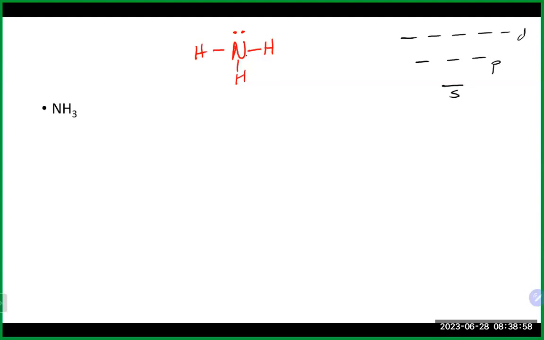It has 1 electron pair around the nitrogen, 2, 3, and 4. And I'm going to start with S here: 1, 2, 3, and 4. So I marked off an S and 3 P's, so that should be sp3 hybridization for the nitrogen.